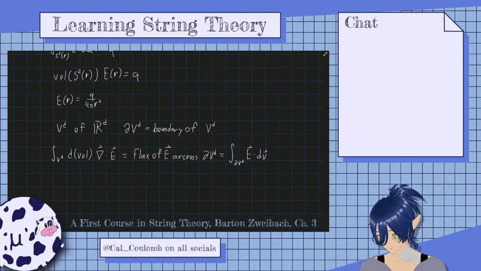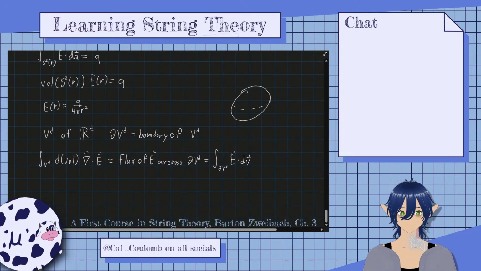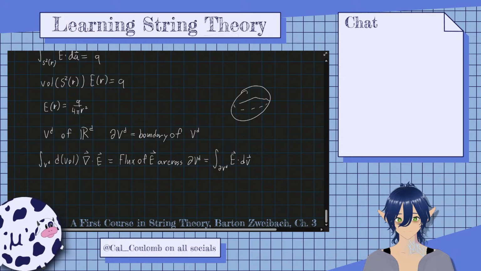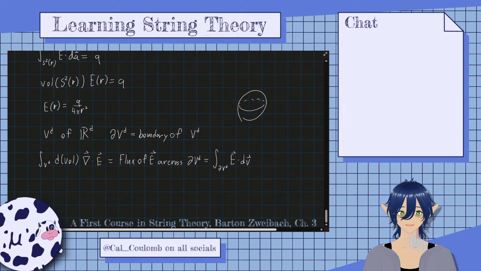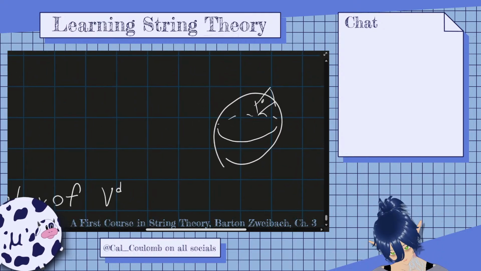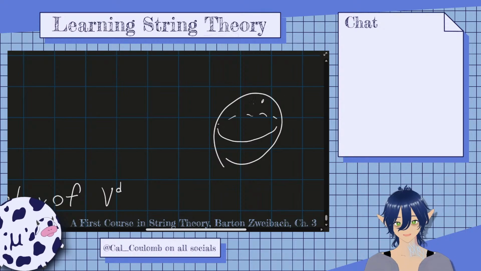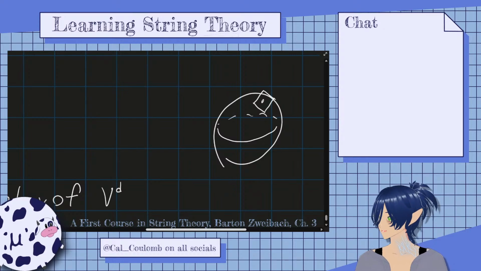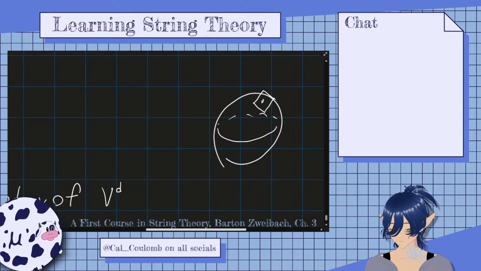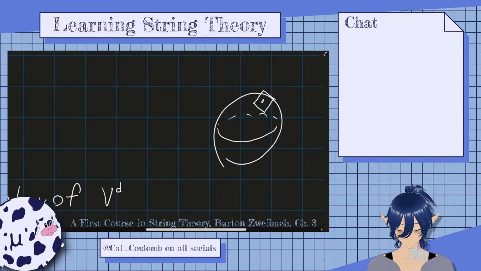So if we're thinking of a sphere, we can consider at every point a little plane that is tangent to it, touching it at just that point. That's the tangent plane, and so we want to consider the flux of E through that tangent plane.